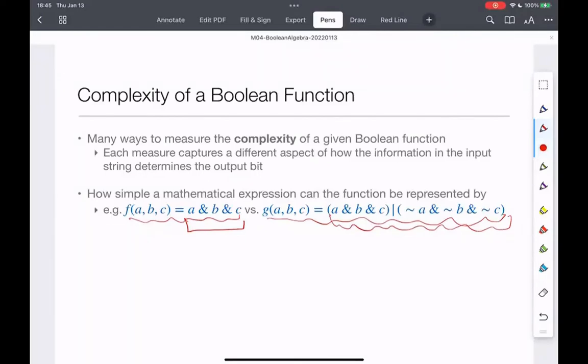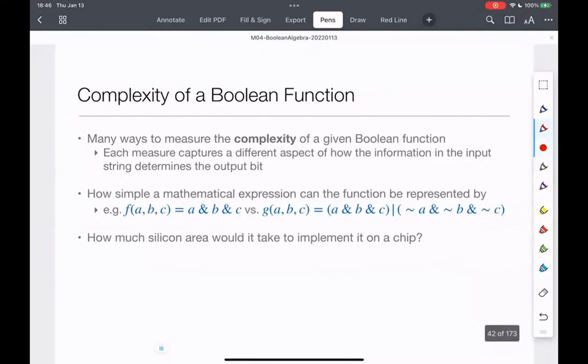So clearly, we can say this is more complex in terms of the representation. But maybe there is some other representation where the left function is simpler. Again, it depends on the representation. But in this particular case, if you're literally looking at how complex the expression is, that's a reasonable thing to say.